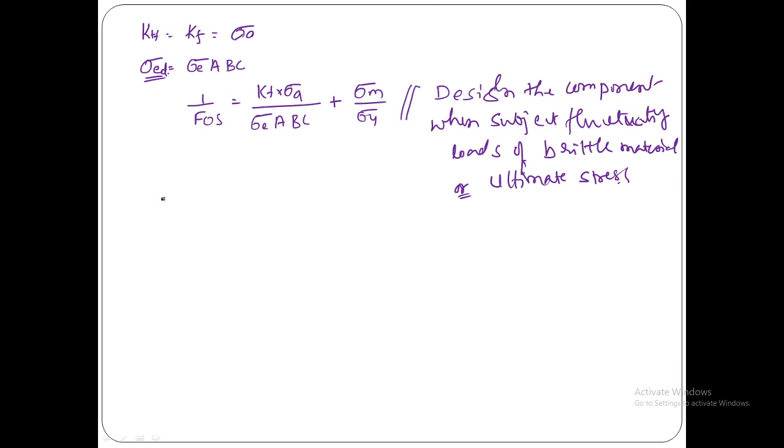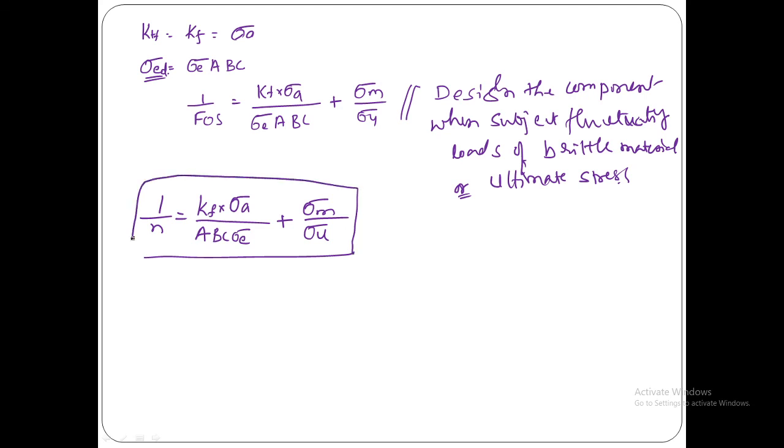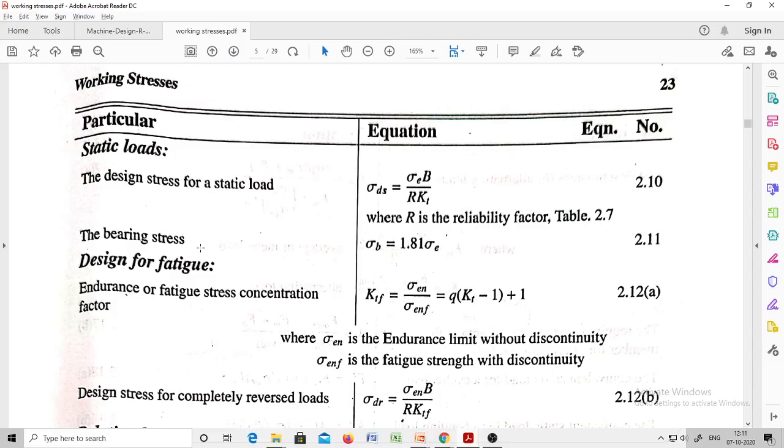Now let us look here. 1 by n equals KF into sigma A divided by ABC into sigma E, plus sigma M divided by sigma U. Now you just go to the data handbook.